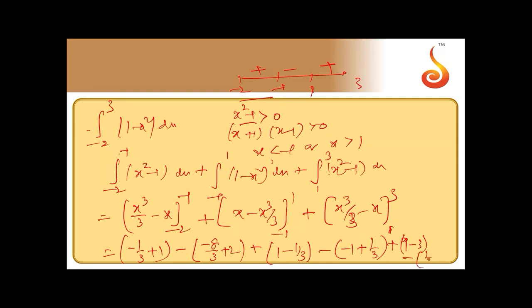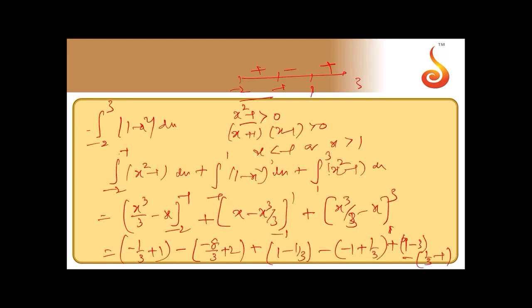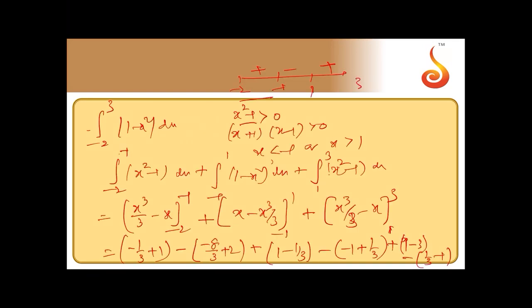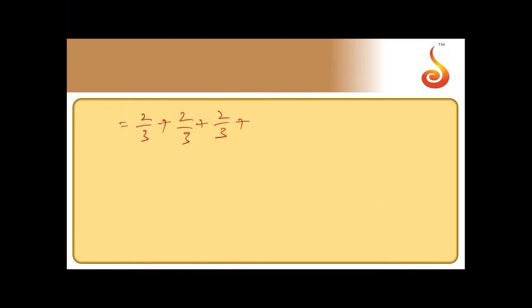The lower limit is nothing but 1 by 3 minus 1. On simplification, the first one is 2 by 3. The second one is minus 2 by 3 plus 2 by 3, and that also gives 2 by 3. Next one, minus 2 by 3 plus 2 by 3.